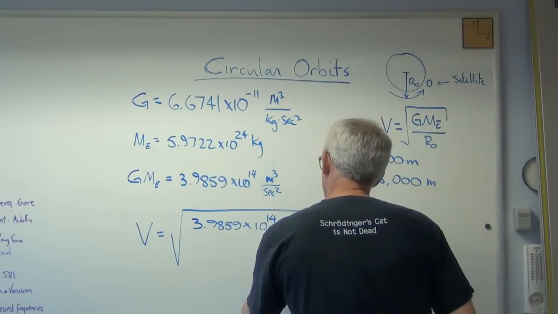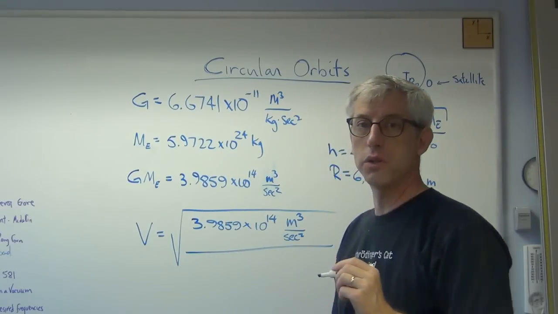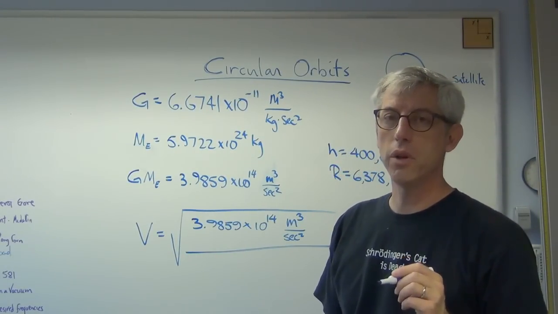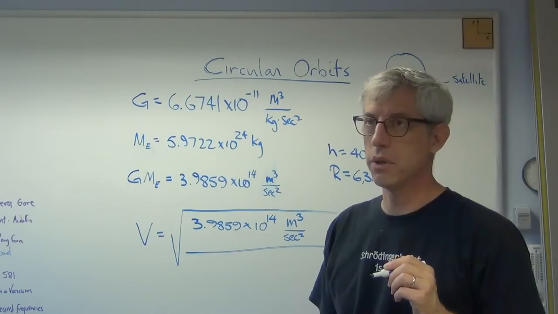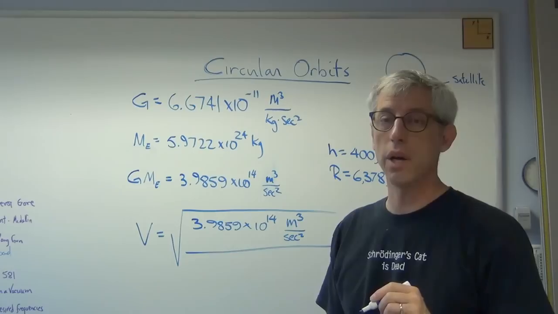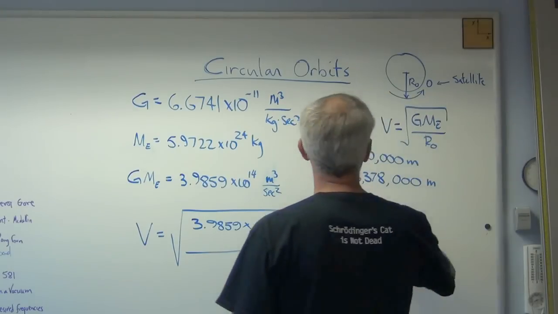Always, always, always check your units. Keep your units. If the units are right, the numbers will pretty much come along for the ride. If your units are not right, your numbers are very unlikely to be correct. So if you throw units away, you've given up a very powerful tool for checking your answer. So hang on to them.